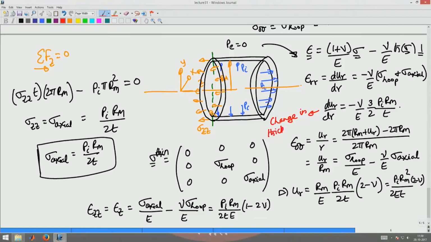That gives you the change in thickness, this gives you the change in radius of the cylinder, and this gives you the change in length of the cylinder.